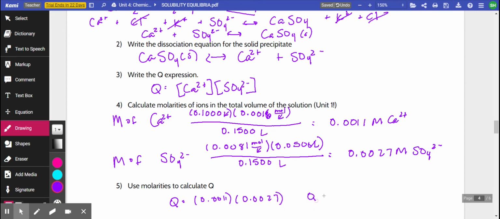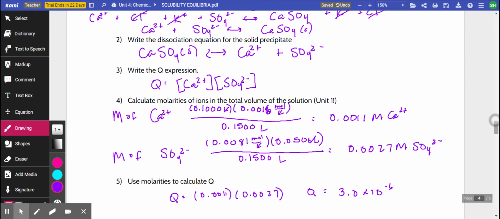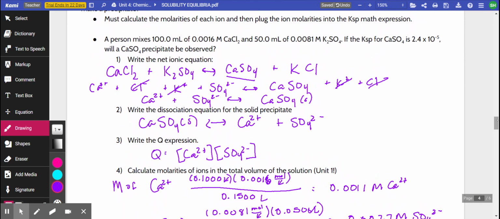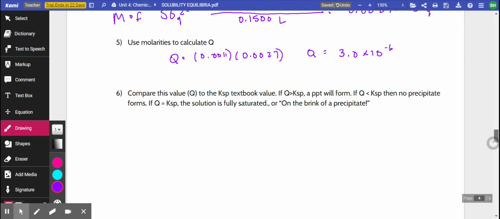So Q is equal to 3.0 times 10 to the negative 6. Now we need to know what K is, and that's given to us at the top: the solubility product constant for calcium sulfate is 2.4 times 10 to the negative 5th.